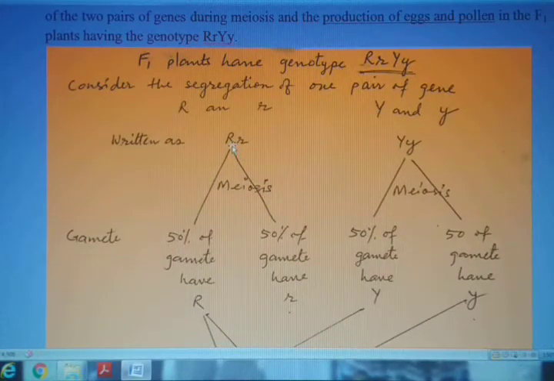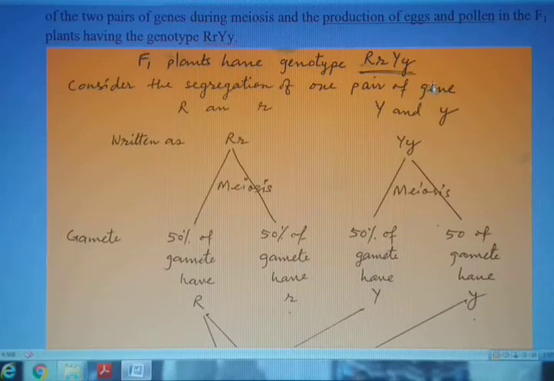So that means here, out of these two genes, one of the gametes will have only one of these two genes, either capital R or small r. That means the gametes which are formed here, 50% of the gametes will have capital R, and other 50% of the gametes will have small r.